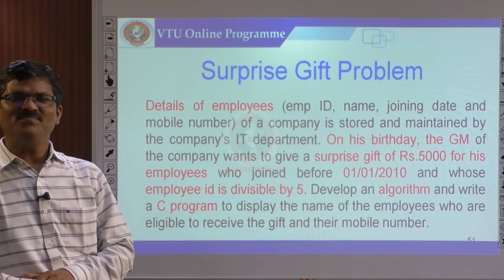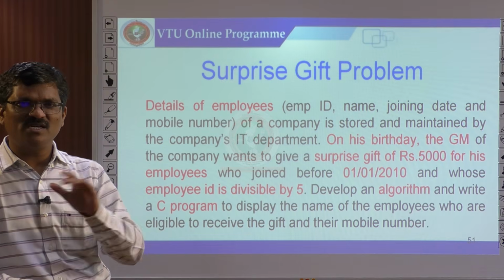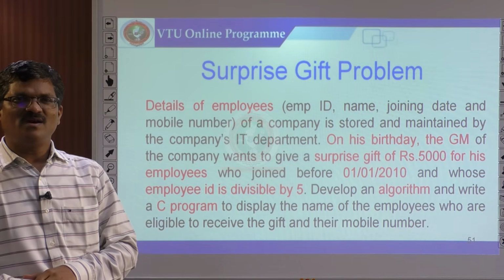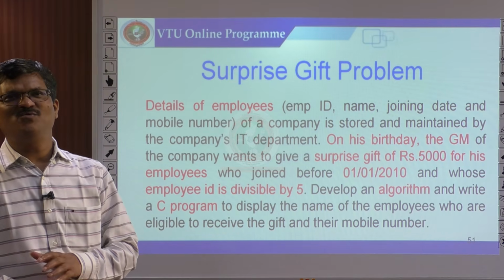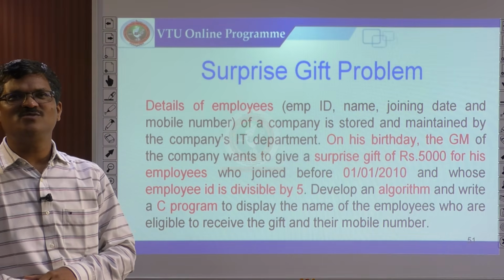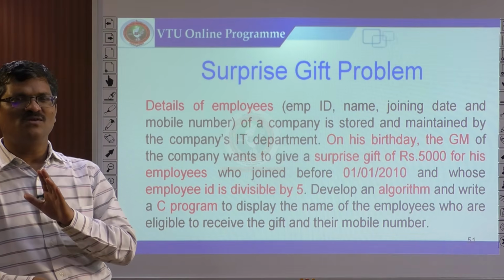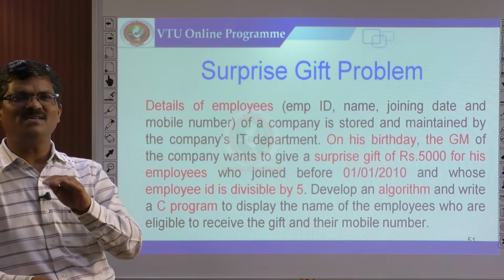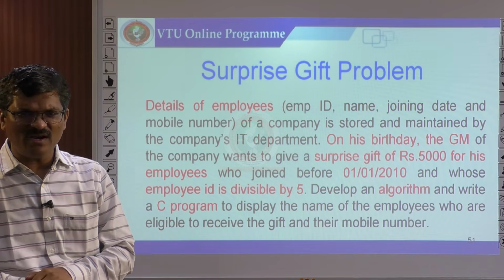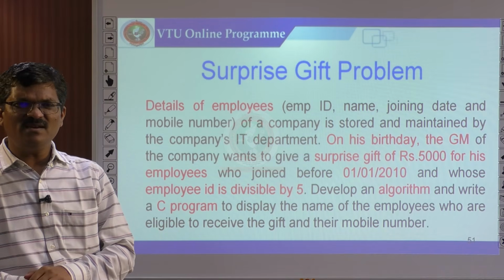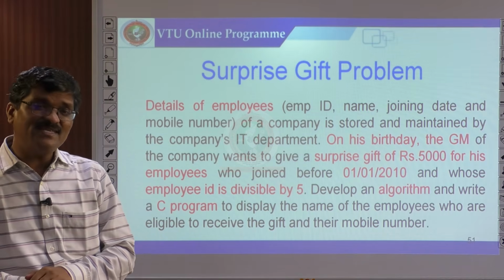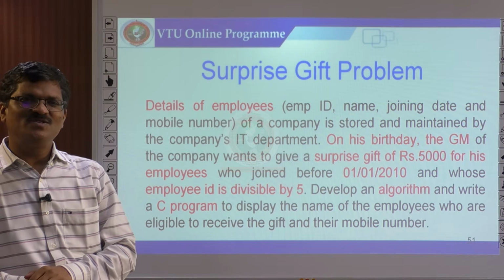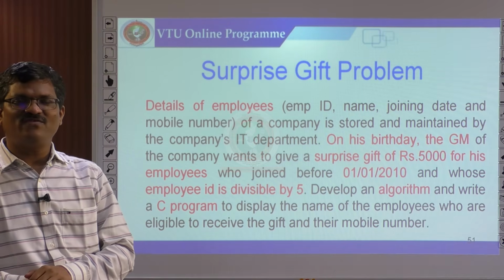Okay, so hope you understood. Employee details are stored and on the birthday of the general manager, he would like to give a surprise gift of 5,000 rupees to some employees who meet the constraint. What constraint? The employee should have joined before 1/1/2010 and his employee ID should be divisible by 5.